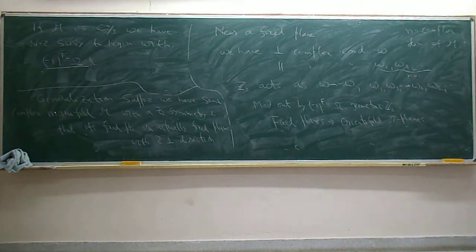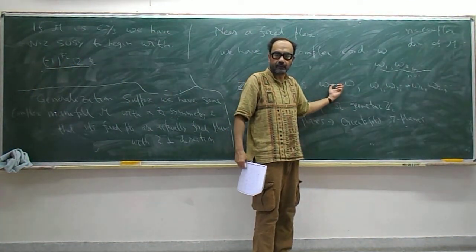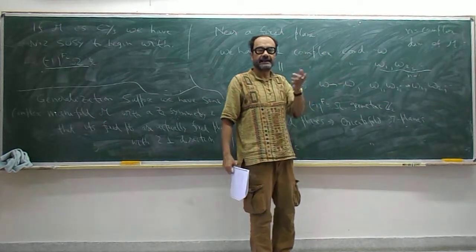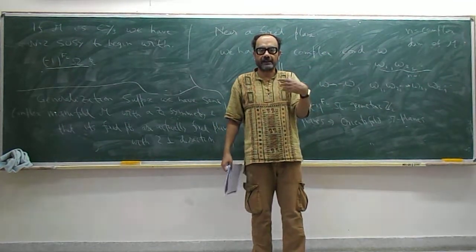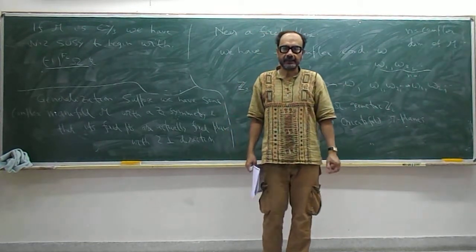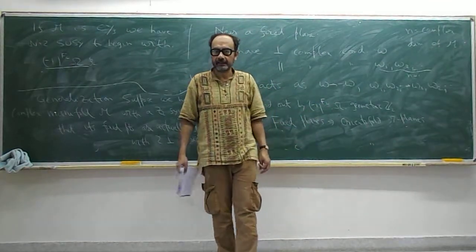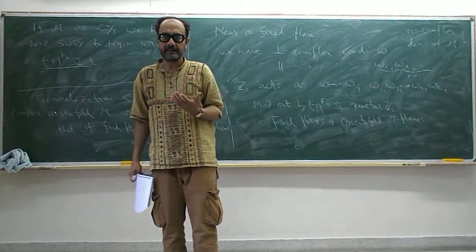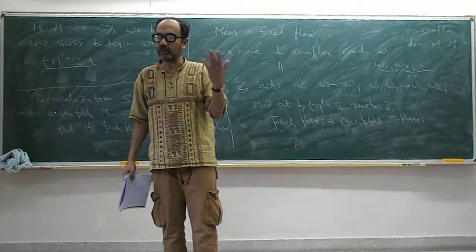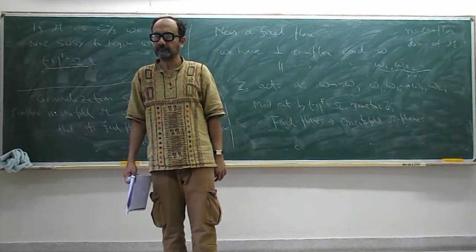So the net upshot is that if we start with a Calabi-Yau manifold, and in that Calabi-Yau manifold we can find a Z2 that acts in such a way that locally around the fixed planes it changes the sign of one complex coordinate, leaving the other complex coordinates unchanged, so the fixed planes are actually fixed codimension-two planes, then modding out by this Z2 accompanied by -1 to the F left times omega preserves half of the supersymmetries, and hence gives rise to an N equal to 1 supersymmetric compactification of type IIB theory.